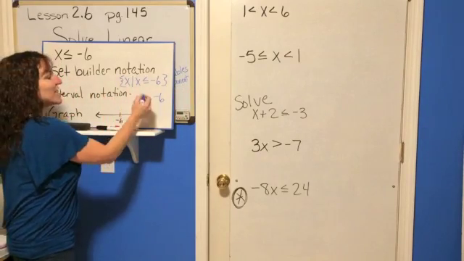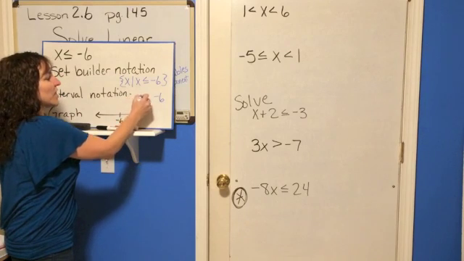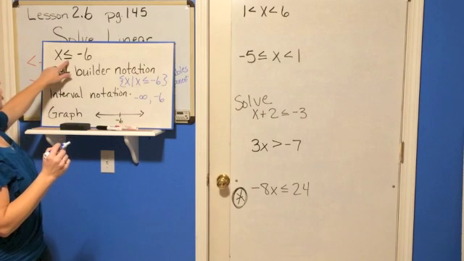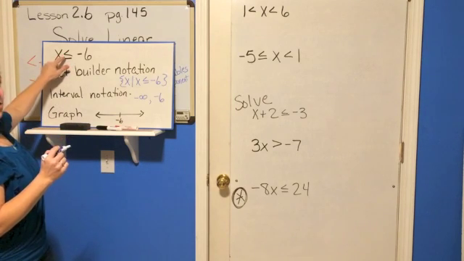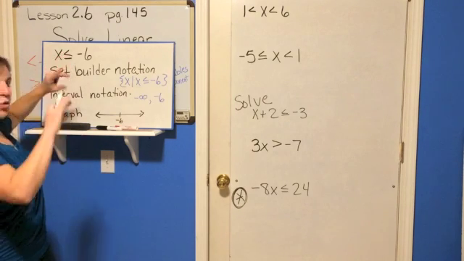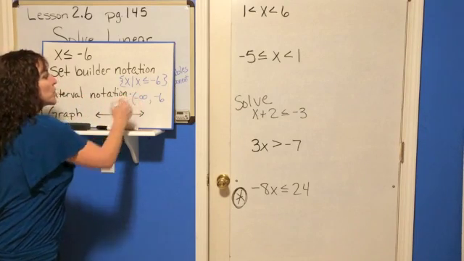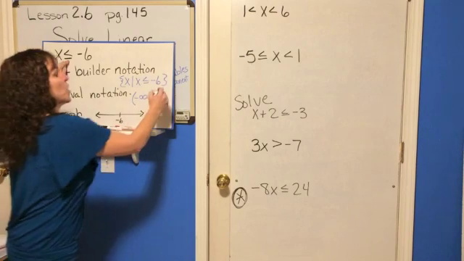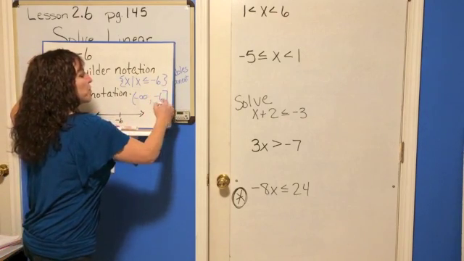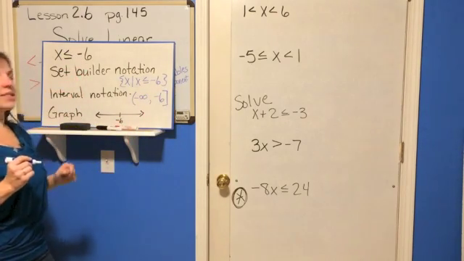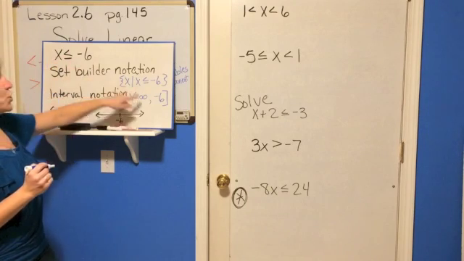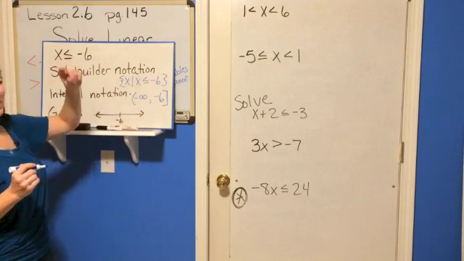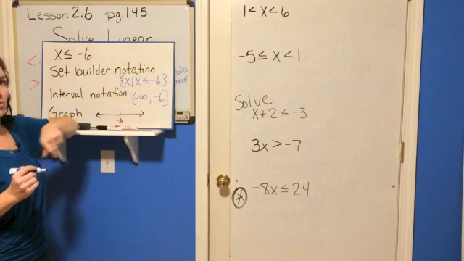So we're going to have the left-hand end be -infinity. All right? And then we're going to show if it's just less than or greater than, we're going to use just parentheses. If it's less than or equal to, we're going to use brackets like this. All right, so if it's got an equal to, it's the square brackets. If it's just less than or greater than, then it's just the rounded parentheses.